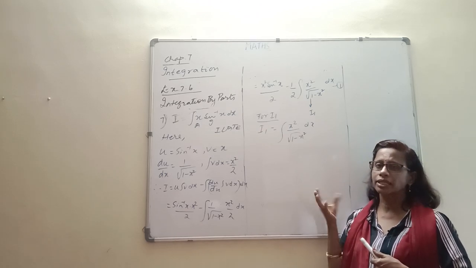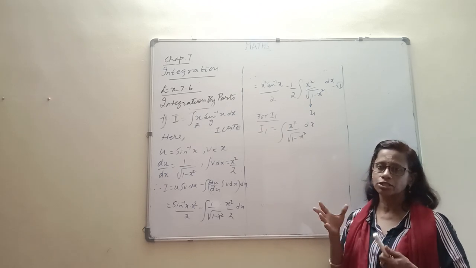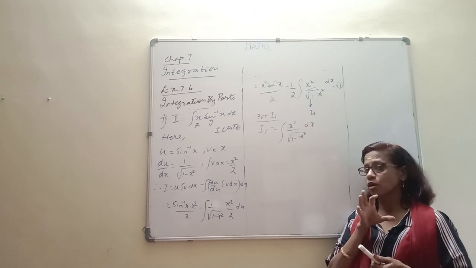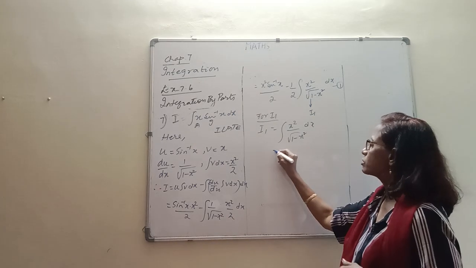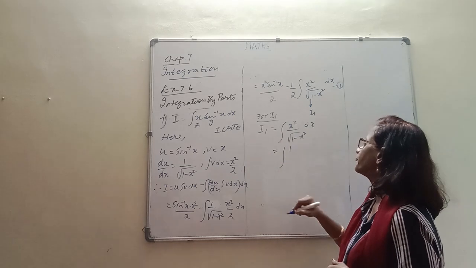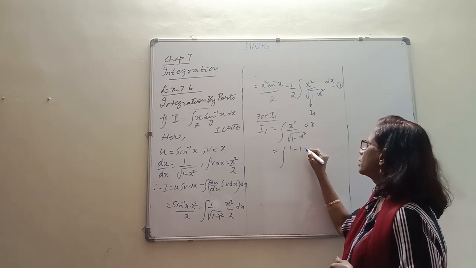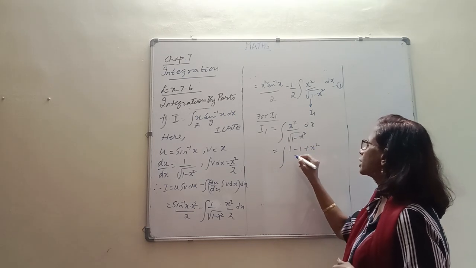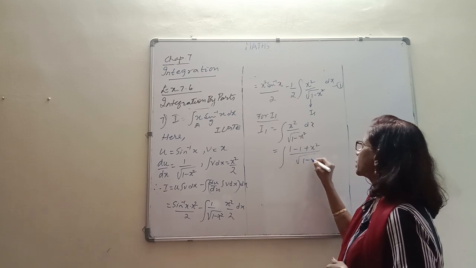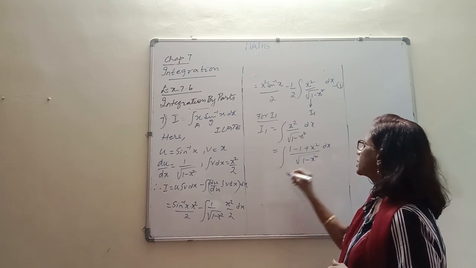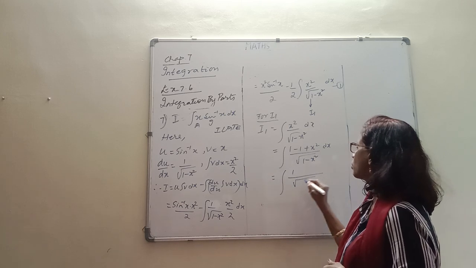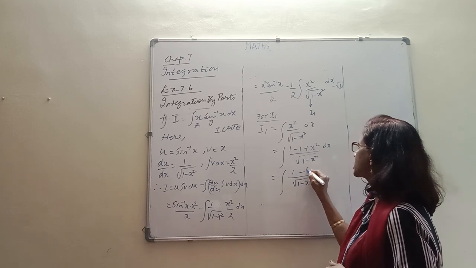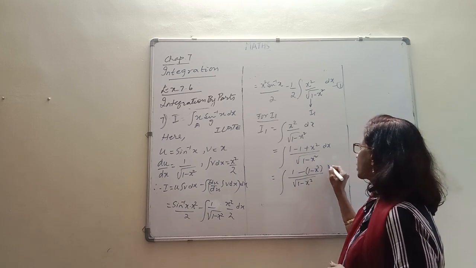In order to remove this numerator-denominator complexity, let's get the denominator into the numerator by some means. So it's as good as writing 1 minus 1 plus x squared, there's no harm, over root of 1 minus x squared dx. That's as good as saying the integral of 1 over root of 1 minus x squared, taking the minus out, 1 minus x squared dx.